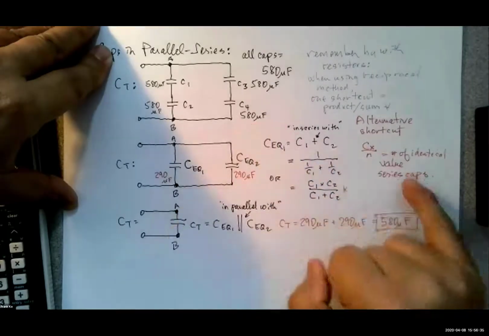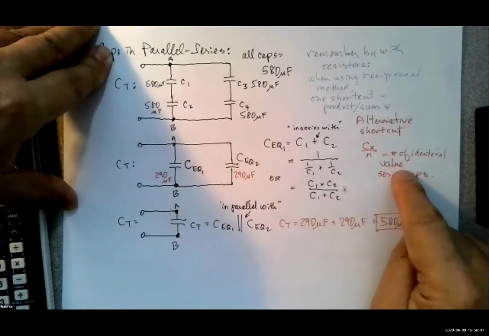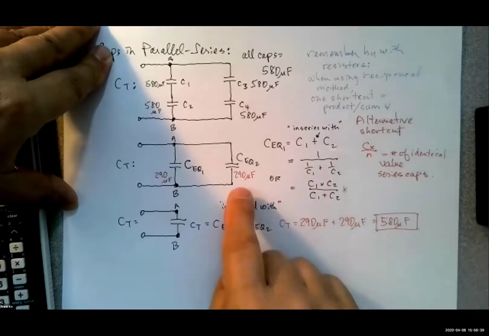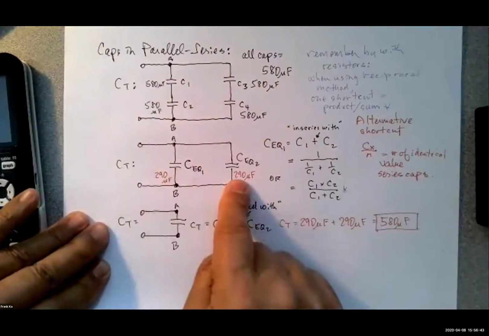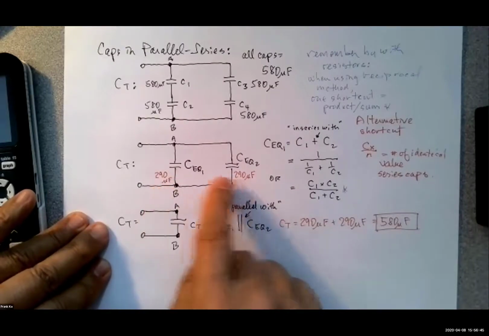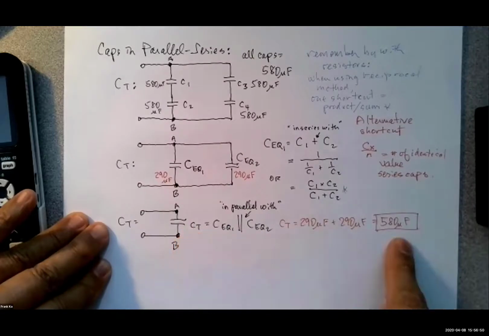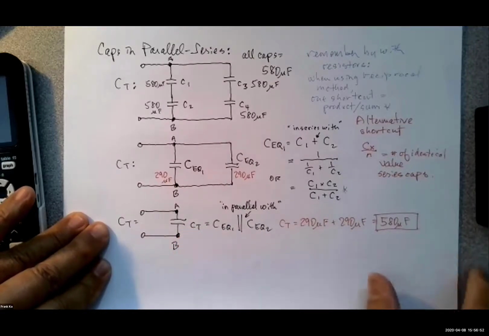So 580 divided by 2 gave us 290. These resolve to a pair in parallel at 290, and parallel capacitors you simply add. That gives us a C total of 580 microfarads.